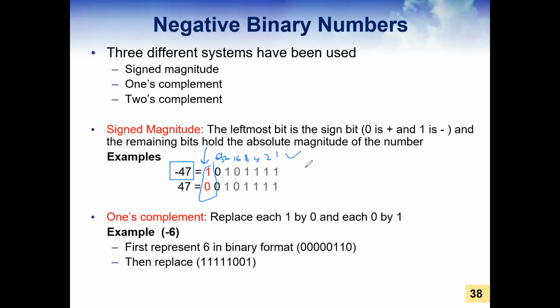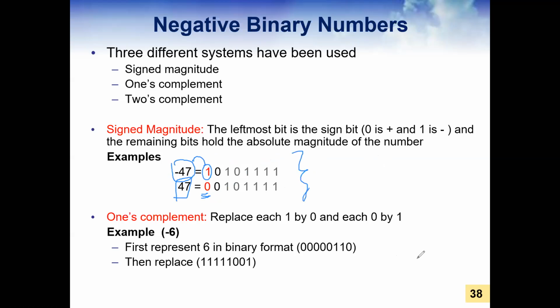Once you add them, you will know this is 47. But because I want to show negative 47, the leftmost bit will be 1. If it is positive, all bits will be the same, except the leftmost bit will be 0, representing 47. Because of this 1, it is representing minus 47. This is the sign magnitude representation of a number.